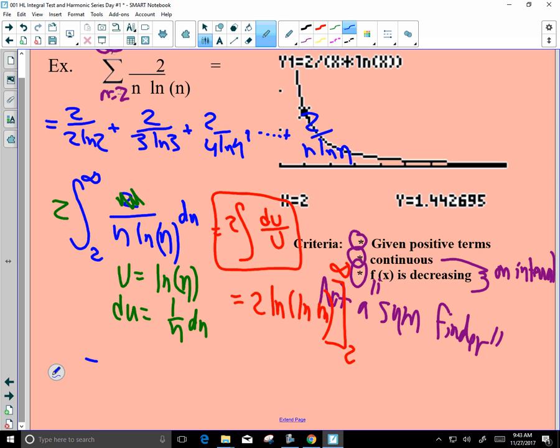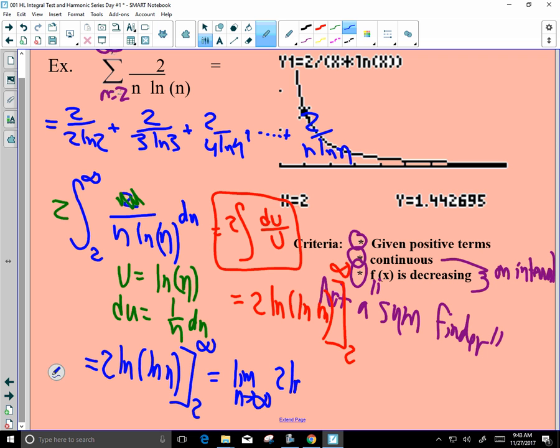So this is going to be equal to 2 natural log of the natural log of n going from 2 to infinity. Now we do our improper integral. That's why I had it on the last test, because we're using it now. We're going to take the limit as n goes to infinity of 2 natural log of the natural log of n minus 2 ln of the natural log of 2.